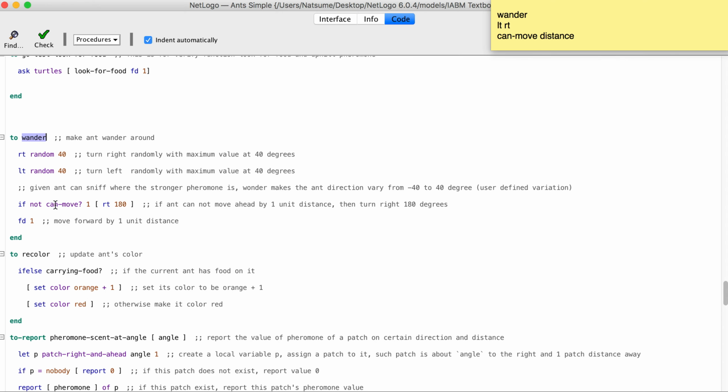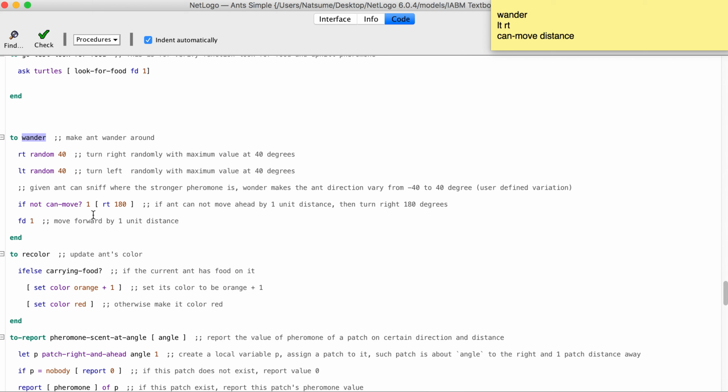So similarly, can-move? 1, meaning ahead of this turtle by 1 distance, there is a patch or not. If not, meaning there's no patch, so not, which is true, we can execute this line of code, meaning turn around. So no patch, turn around, makes sense.